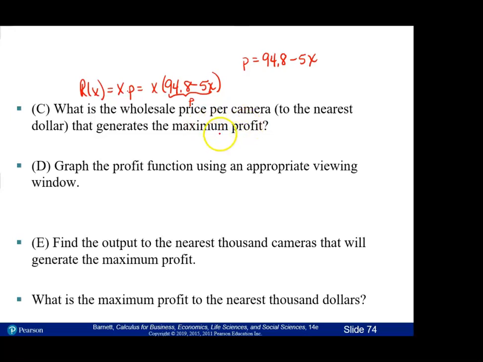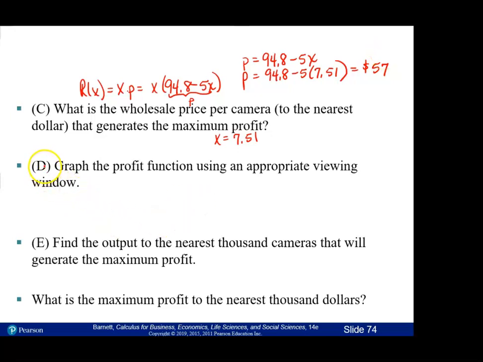We know the maximum profit occurs when x is 7.51. So if I plug that into this equation, that's going to give me the price we need to sell the cameras for. So that's going to be $57 that we're going to need to sell the cameras for.